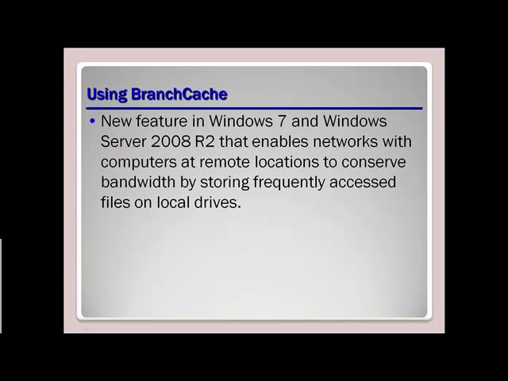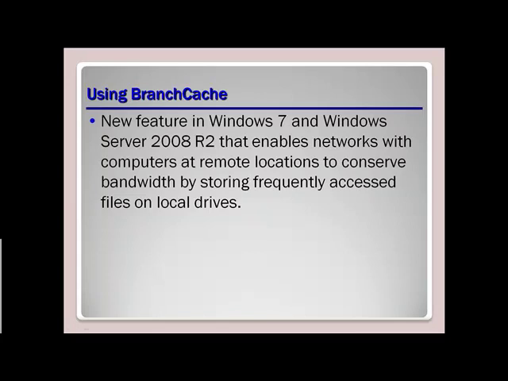Now, BranchCache basically takes this to a new extreme, and BranchCache is a new feature in Windows 7 and Windows Server 2008 R2, and it basically enables networks with computers at remote locations to conserve bandwidth simply by storing frequently accessed files on their local machines. Now, in order to use BranchCache, you do have to have a server running Windows Server 2008 R2 or above at the home office where those files are going to be originating from, and at the remote office you can have a Windows Server 2008 R2, or at the very least you have to have Windows 7 boxes available at the branch office.